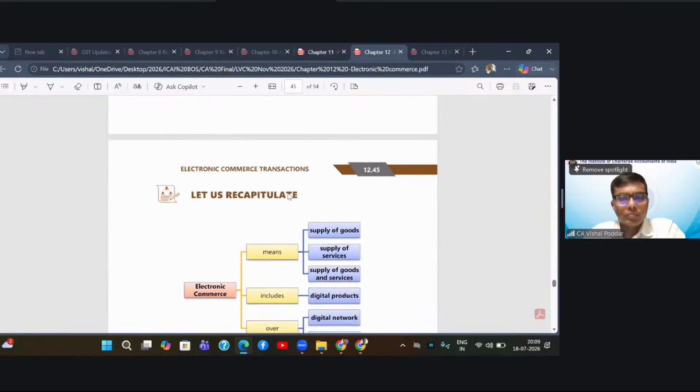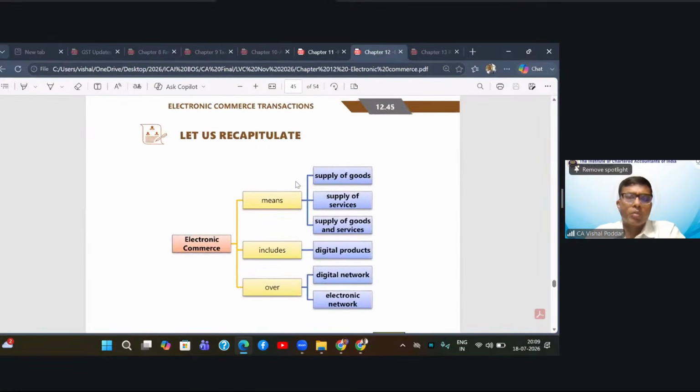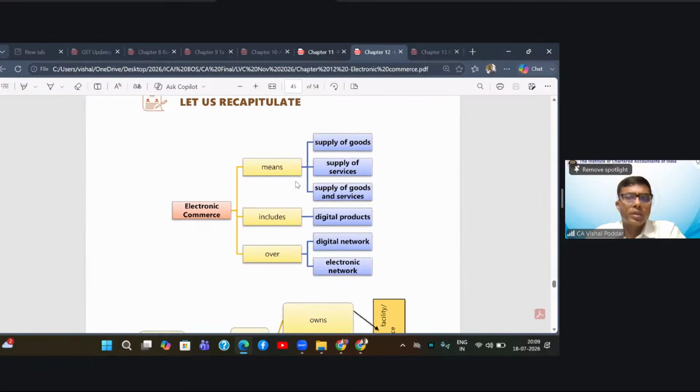Okay, now let us discuss what is e-commerce. E-commerce means wherever there is either supply of goods or service or both, which may include digital product. And most important, this supply is done through a digital network or an electronic network.